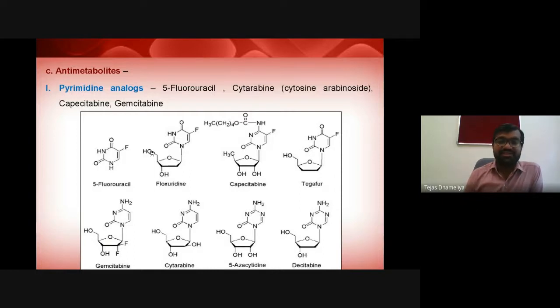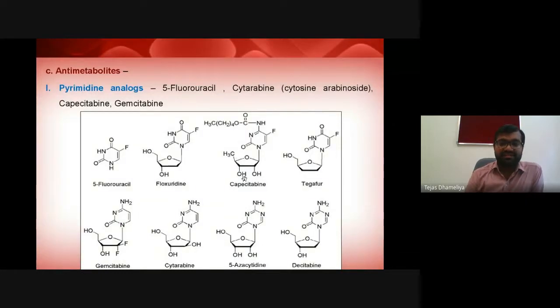You should revise your knowledge of the nitrogenous bases: what are their structures, what is a nucleoside, what is a nucleotide. A nitrogenous base attached to a sugar is called a nucleoside. So floxuridine is also a nucleoside, and another drug is capecitabine.